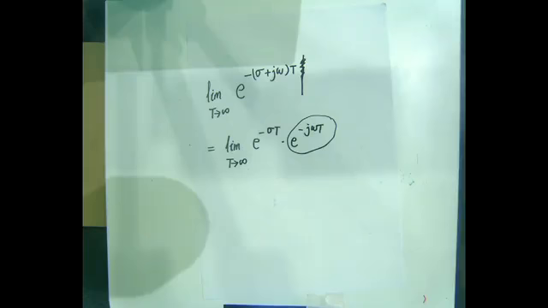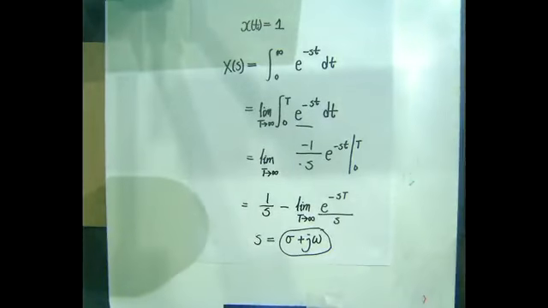So this limit exists if my sigma is positive. If my sigma is positive, I can find this limit easily, and this limit will be 0. So you can see, even in this situation, I'm dealing with an improper integral, but by playing with the real part of my s, sigma, I can always guarantee that this integral will exist.